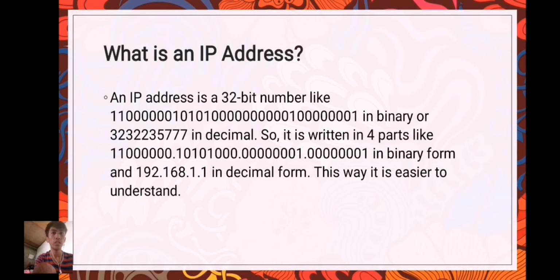So it is written in 4 parts like this, in binary form, and 192.168.1.1 in decimal form. This way it is easier to understand.